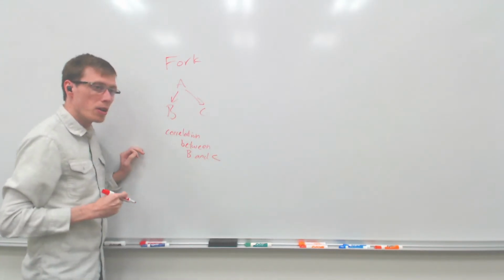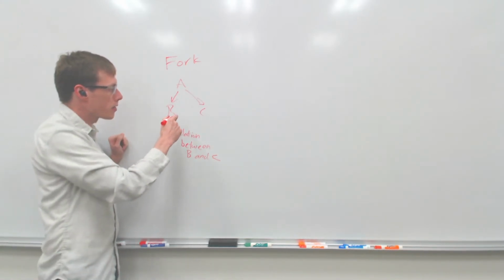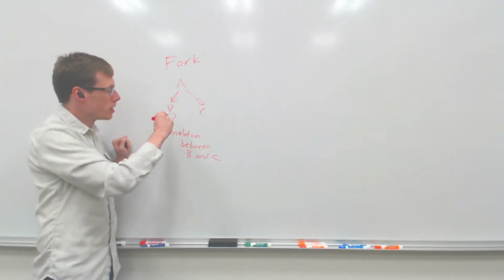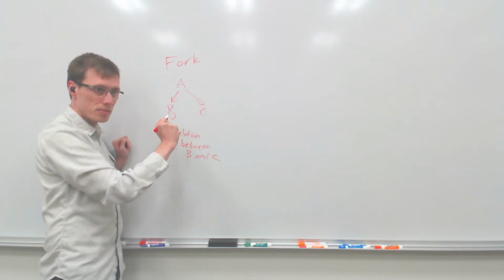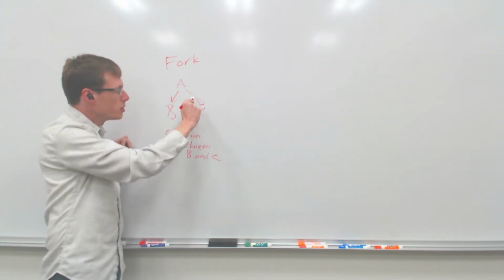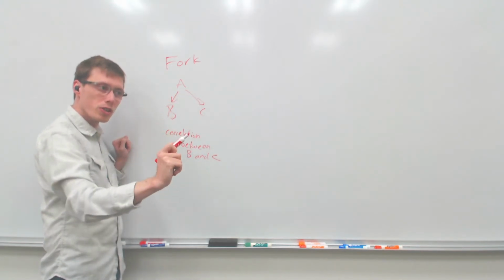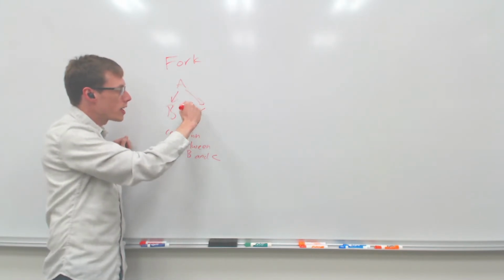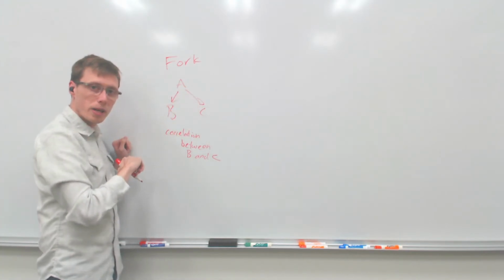There's a backdoor path, as it's called, where even though B has no direct effect on C, you will measure a correlation because the slope can pick up the effect through A, this fork from A.